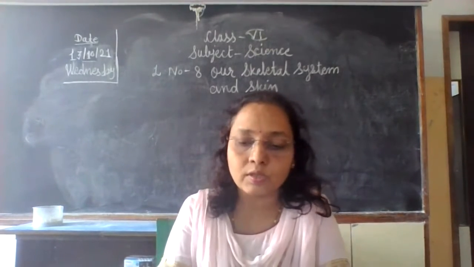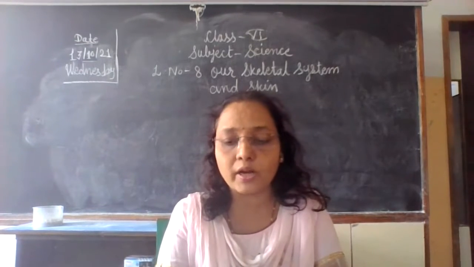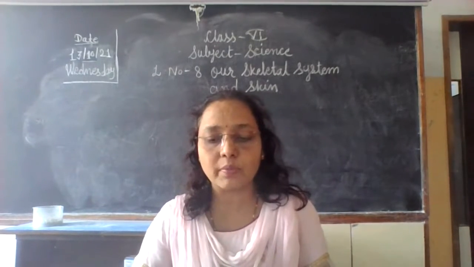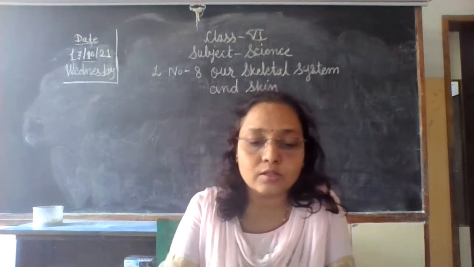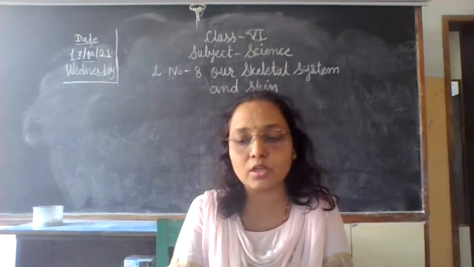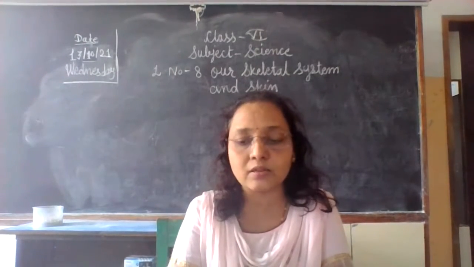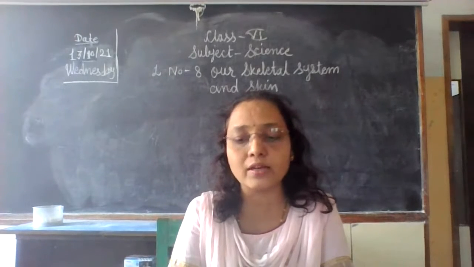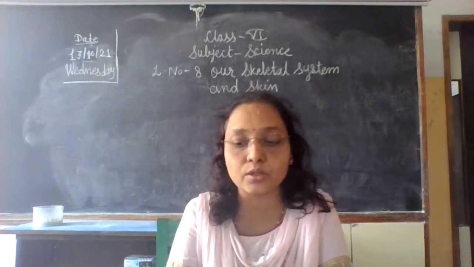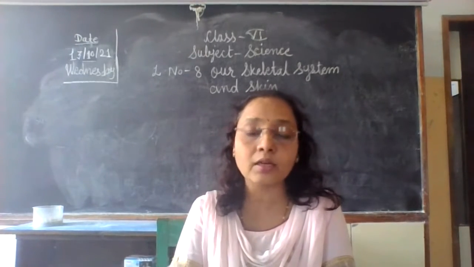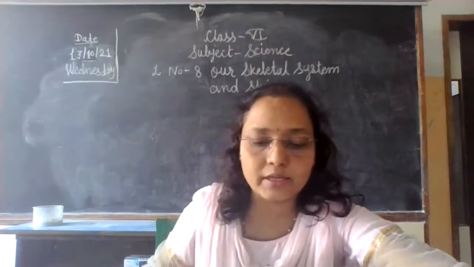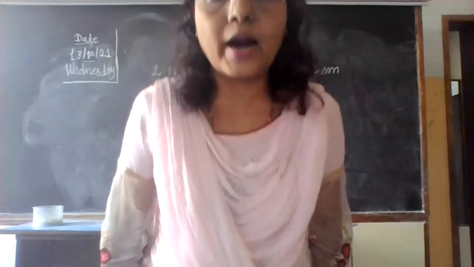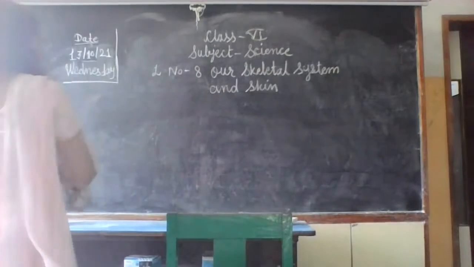Okay, so the bones in our body are connected to each other by means of ligaments. Then joints: a joint is a place where two or more bones are connected to each other. Basically, there are two types of joint, that is movable joint and immovable joint.